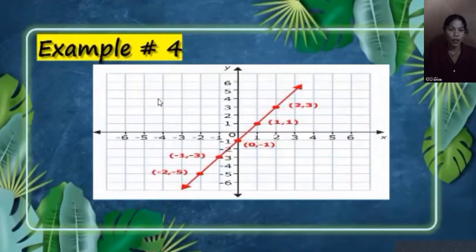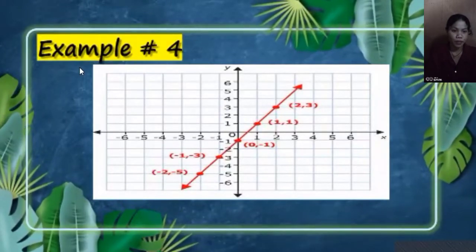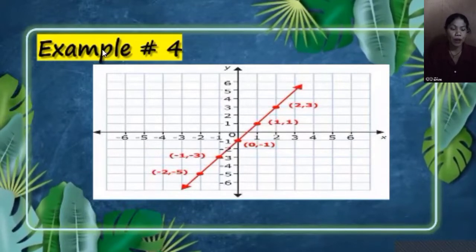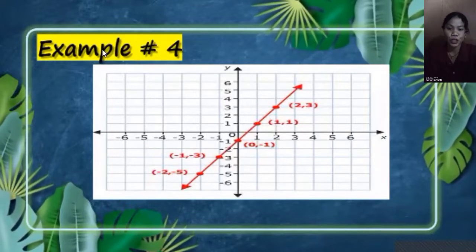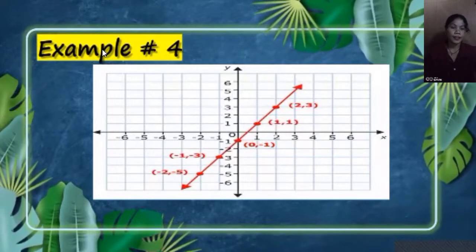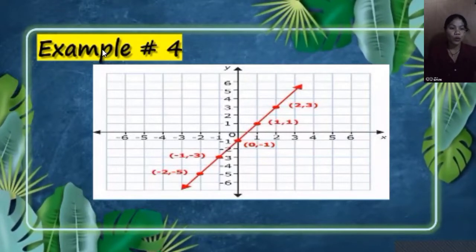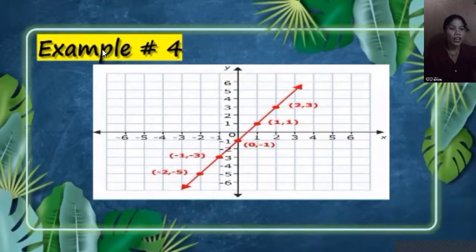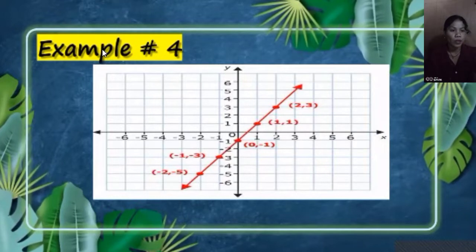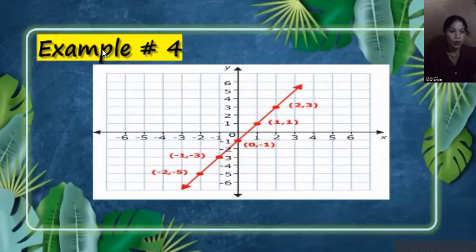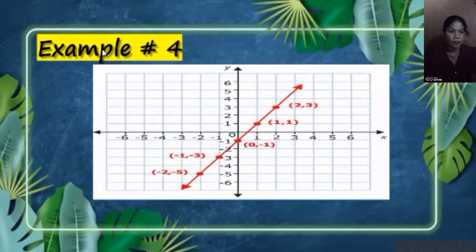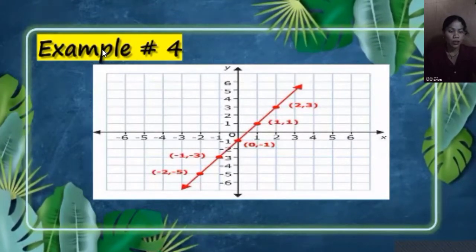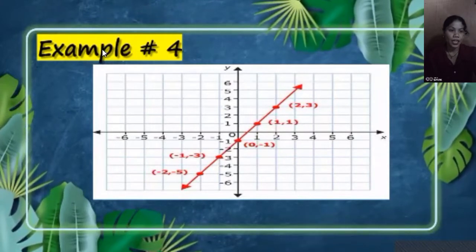Example number 4. This is a graph, which is one way to represent the domain and range. This is quadrant 1, quadrant 2, quadrant 3, and quadrant 4, with the x values and y values. For the point (2, 3), the domain is 2 and the range is 3.